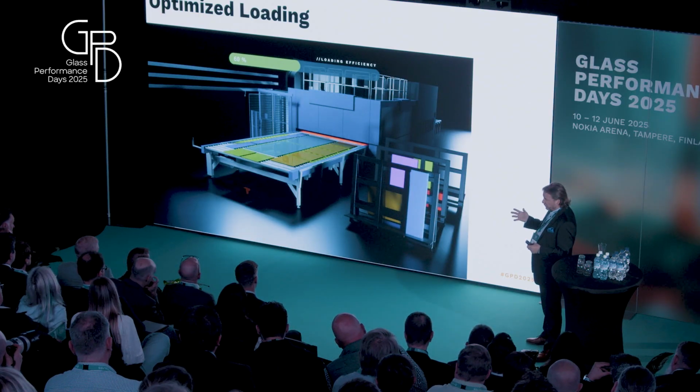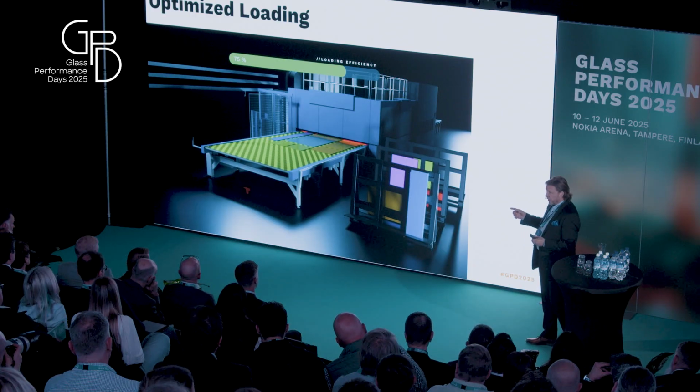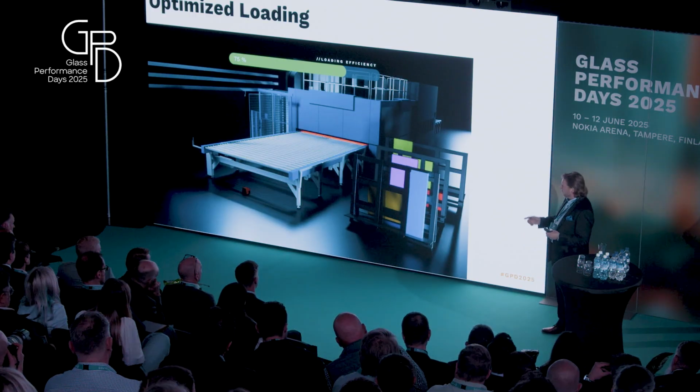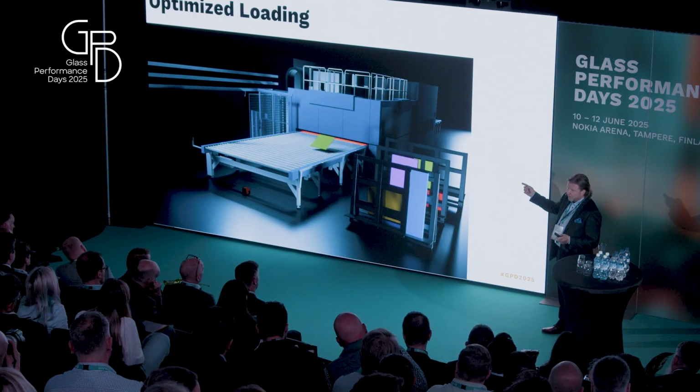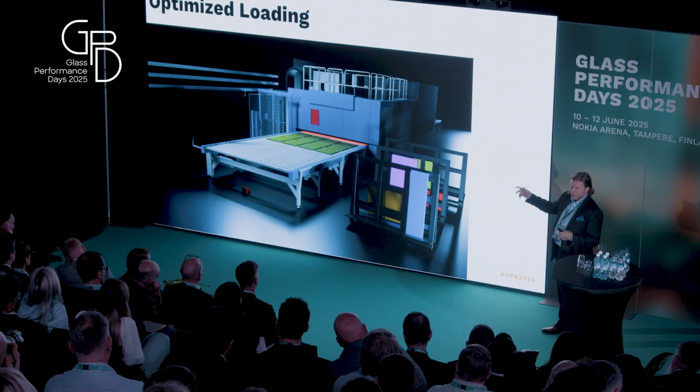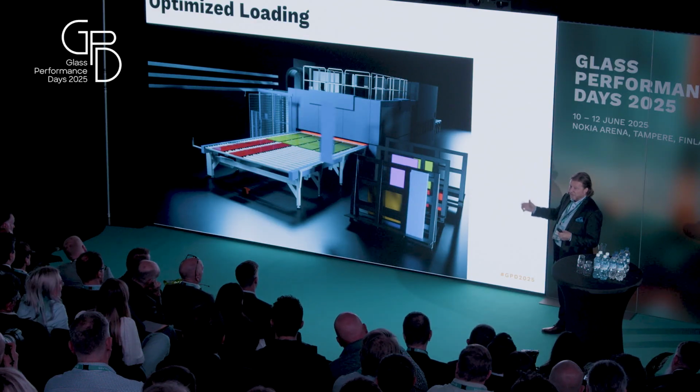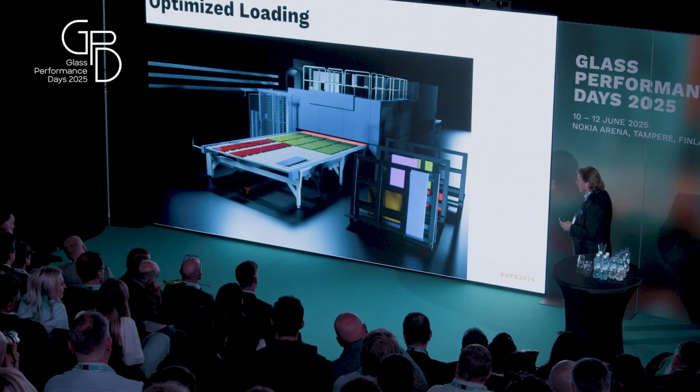Surely it will work also if you are not mixing the orders. Whatever you can do to improve the loading efficiency, you can gain benefits, as I explained earlier in the previous slides.